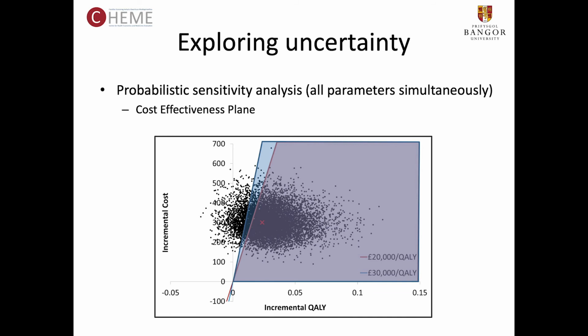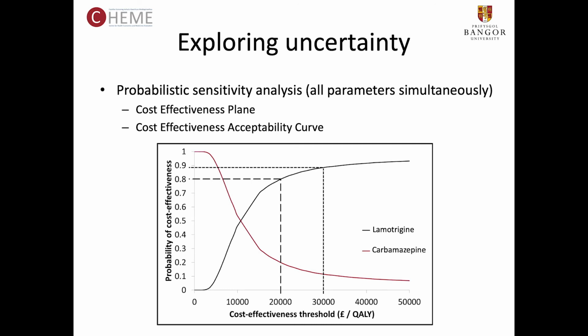We can present this in a slightly more user-friendly way, which is to calculate the proportion of points below the threshold for different values of the threshold. So if the threshold were £30,000, at this point here, we can safely say that about 88% probability of it being cost effective.